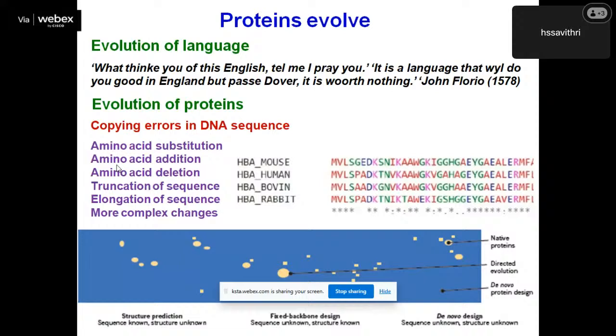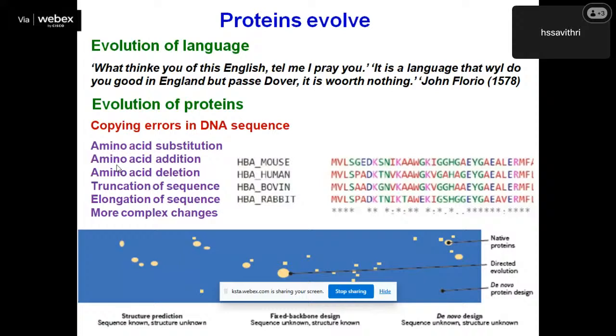For example, here you see I have quoted mouse, human, cow, bovine meaning cow, and rabbit. This is the protein hemoglobin, which carries oxygen to all our tissues. This hemoglobin is made up of this string of amino acids.